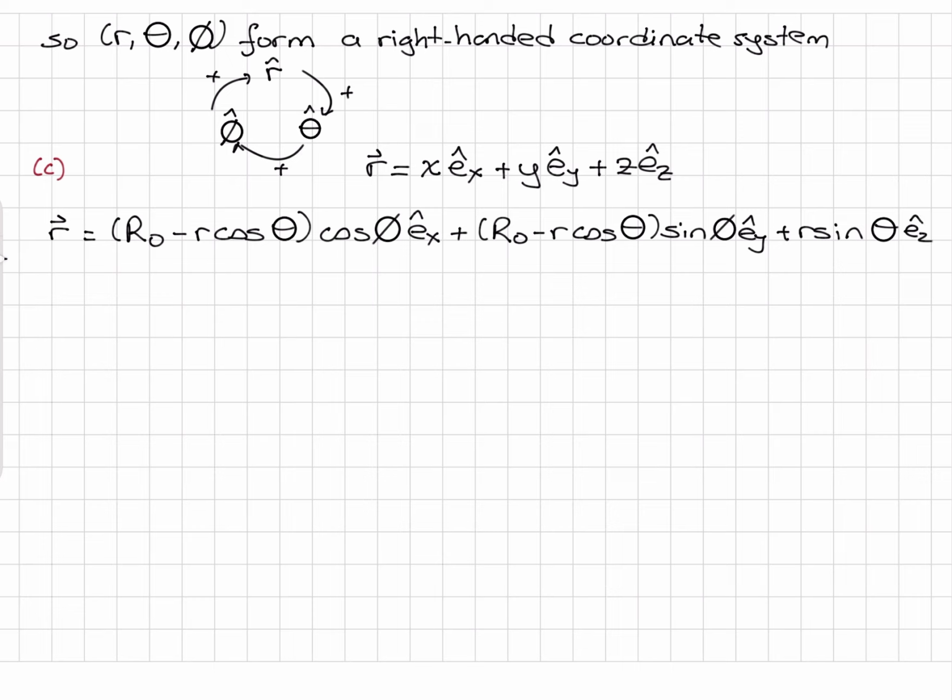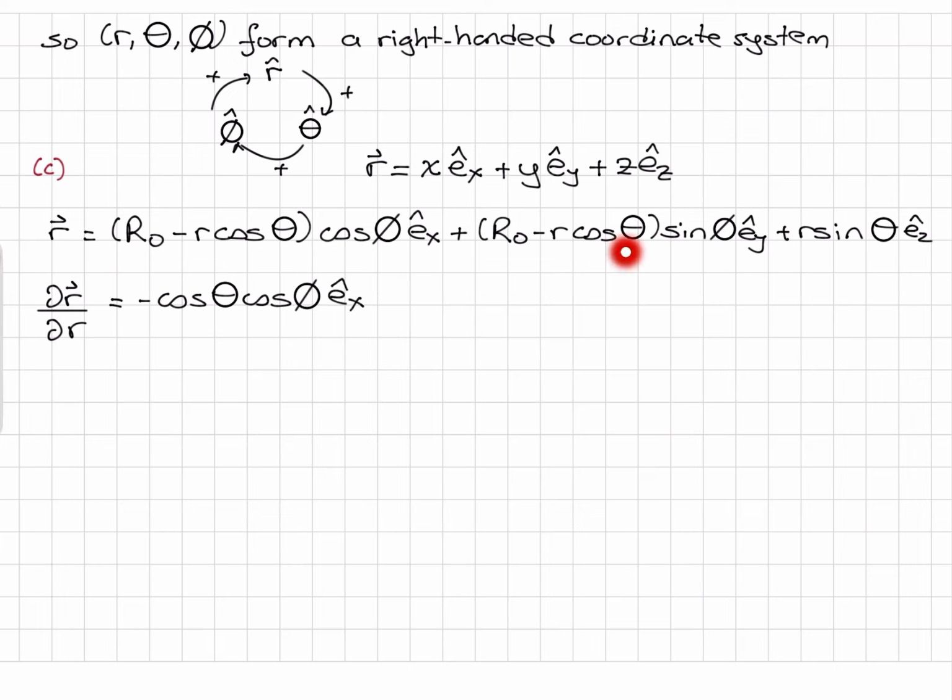Now I have to take the partial derivative of the position vector with respect to r, and you can see there is no r in the r0 term, so this will give me minus cosine theta cosine phi in the e_x hat direction.